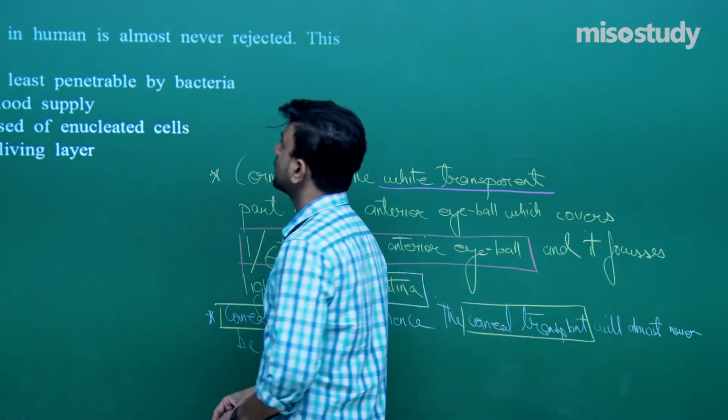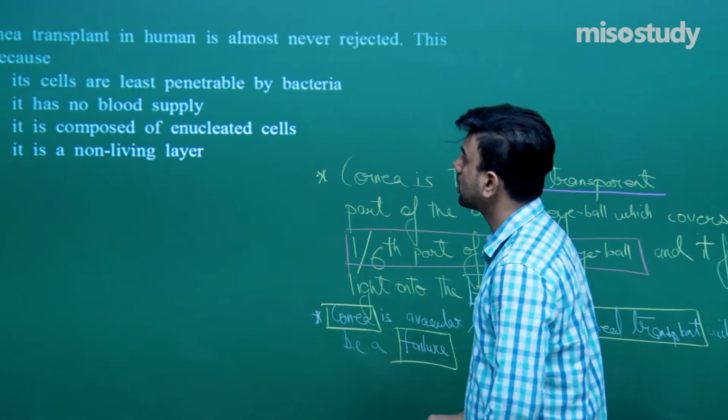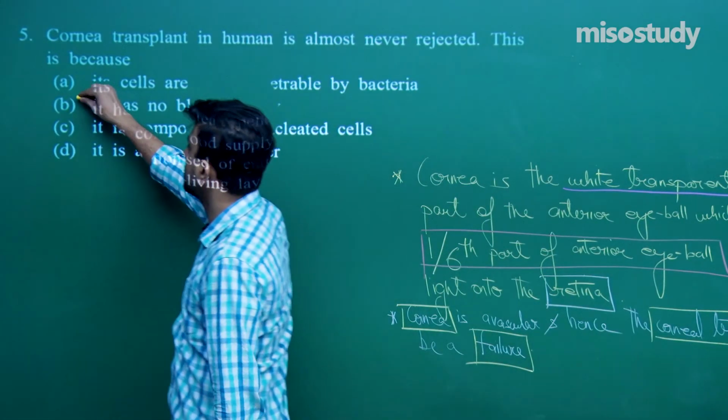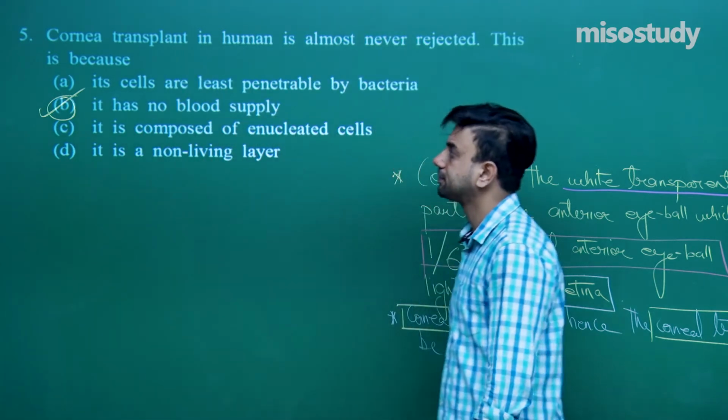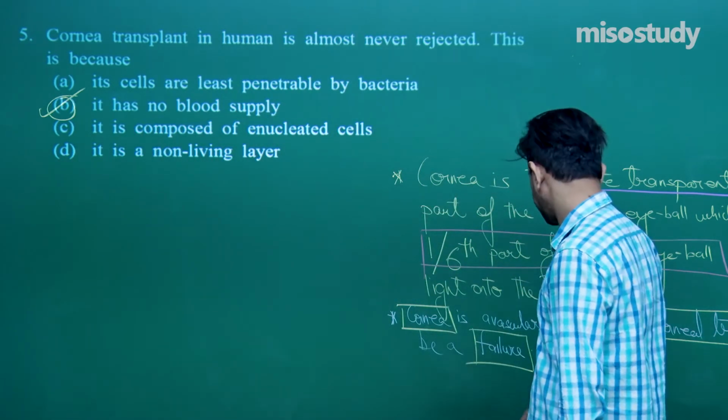So corneal transplant in humans is almost never rejected. This is because it has no blood supply, and this will be the correct answer for this.